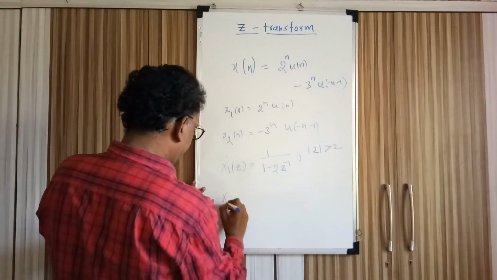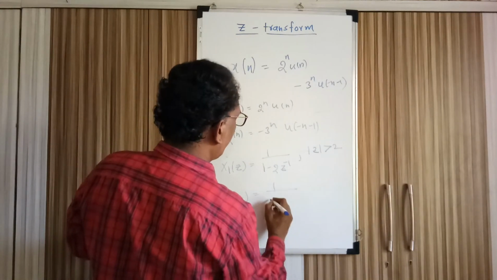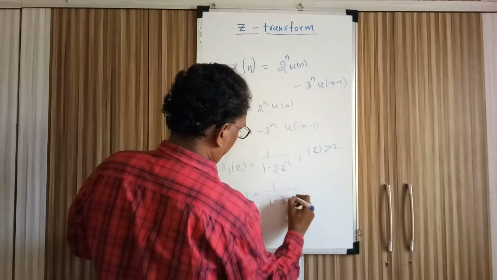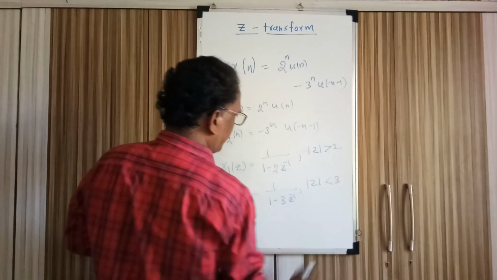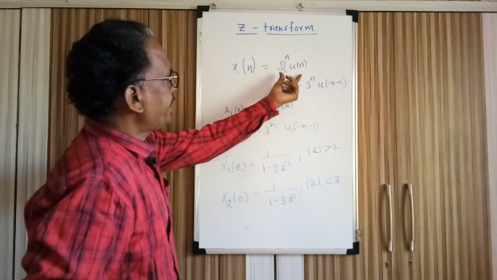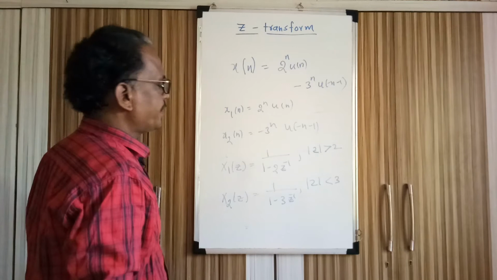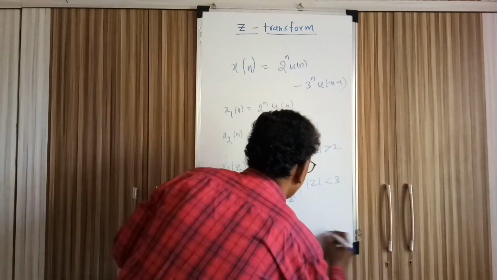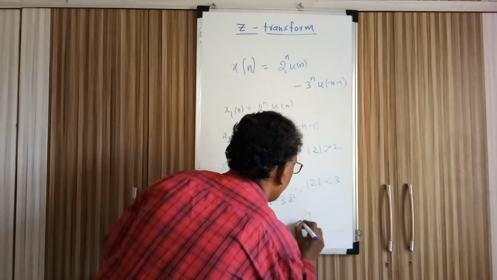In the second case the Z transform is 1 divided by 1 minus 3 Z inverse, but it says mod Z should be less than 3. So this part says Z should be greater than 2, and this part says Z should be less than 3. Here we have a circle of radius 2 and a circle of radius 3.